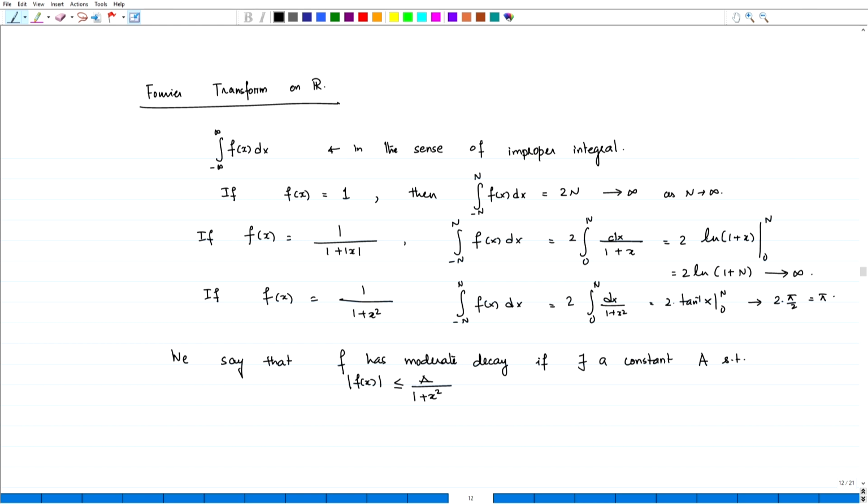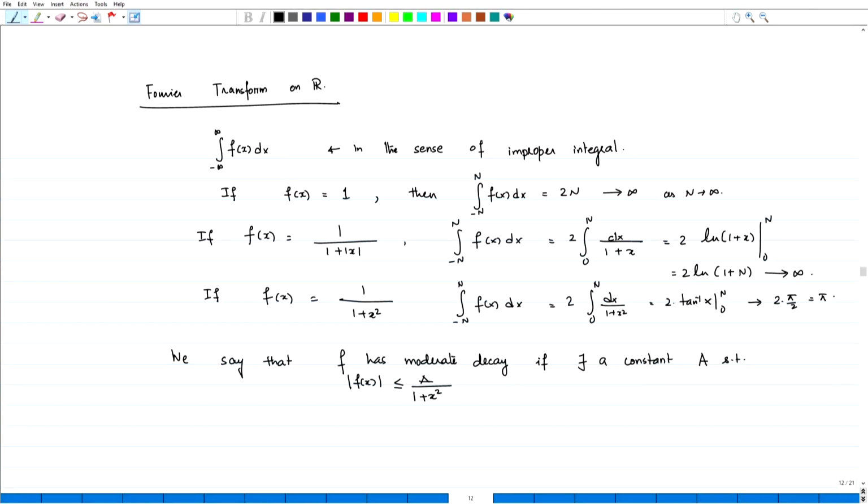Now, we will be doing Fourier analysis not for the most general class of functions which are integrable on R, but for a subclass of this. So, for our purpose we can assume f to be a continuous function.